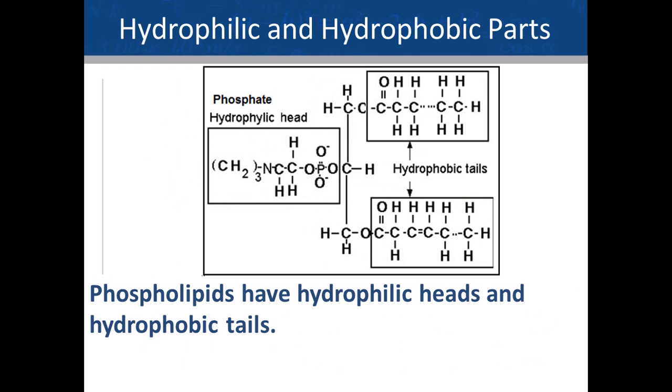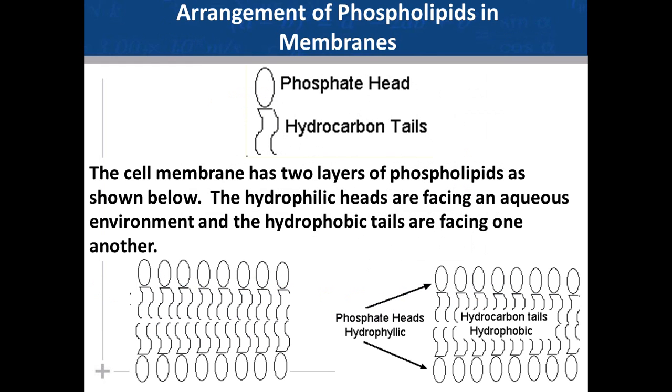So the tails are going to be hydrophobic. They dislike water. They dissolve nicely in a lipid. The phosphate head is said to be hydrophilic, and because it has a charge to it, it is attracted to water. So phospholipids have hydrophilic heads and hydrophobic tails.